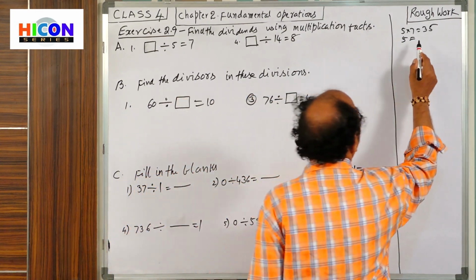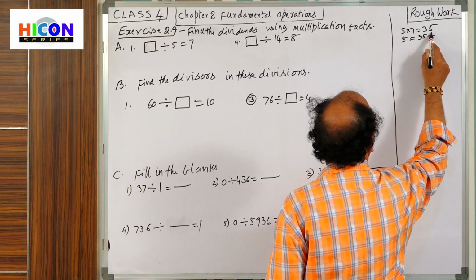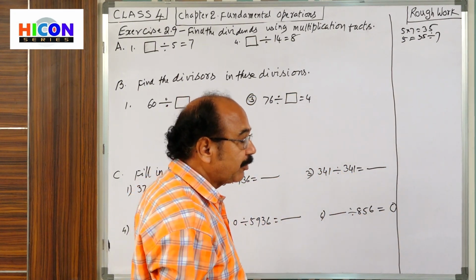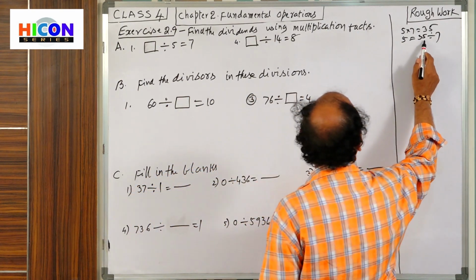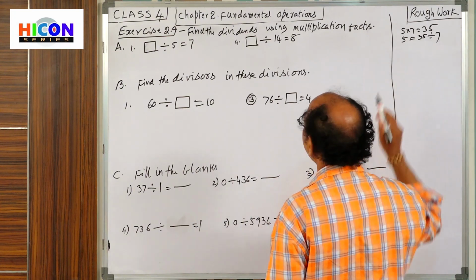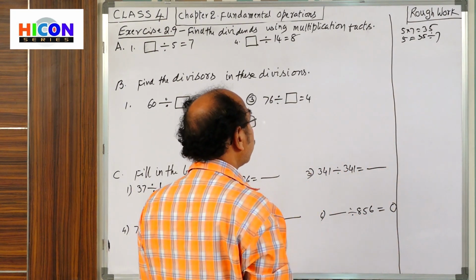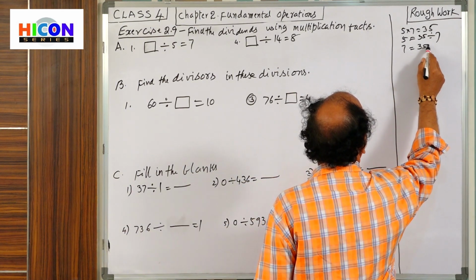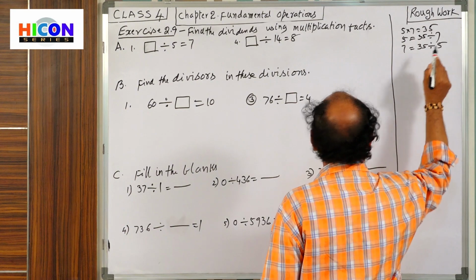So 5 is equal to 35 divided by 7. When 35 is divided by 7, we can get 5.